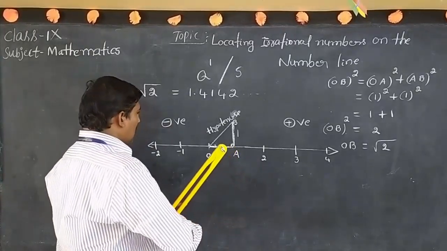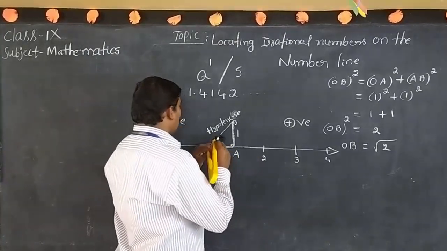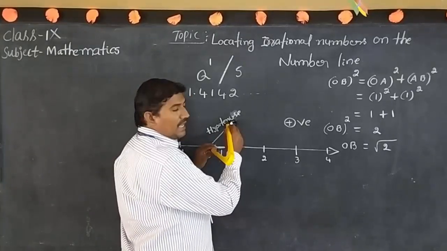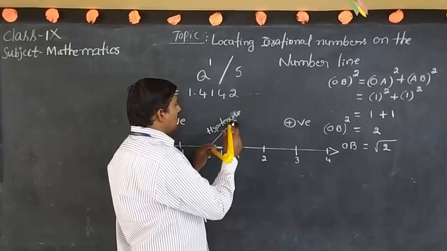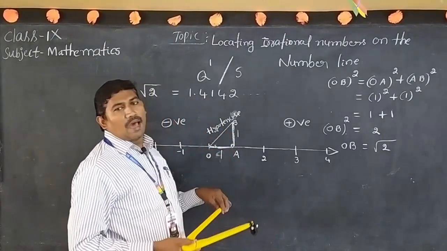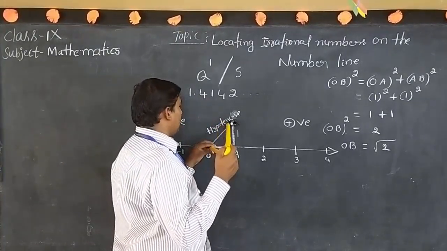Okay, see here how much will be this OB value, how much will be this diagonal. With this diagonal as radius we should draw an arc, then we will get the value.